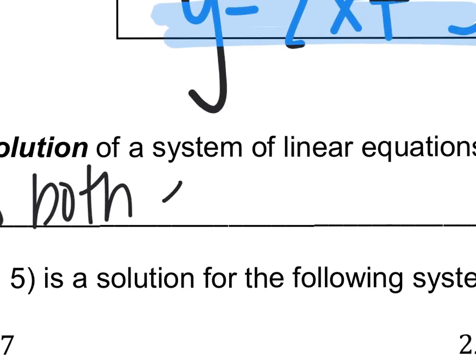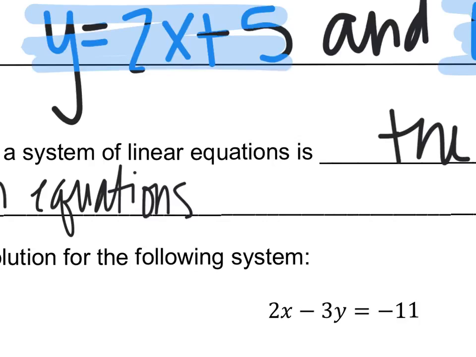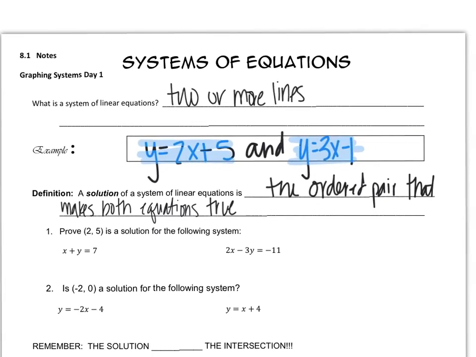I'm about to do an example, so this will make sense, but just mathematically, it's the ordered pair that makes both equations true. So that would be our mathematical definition of a system of equations.